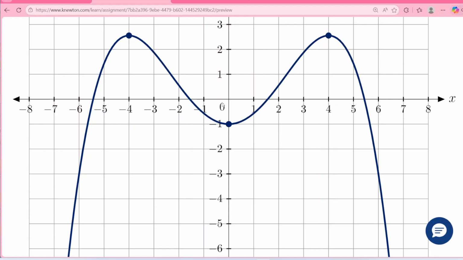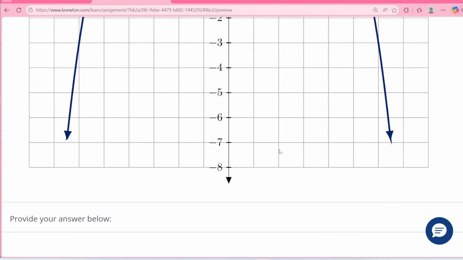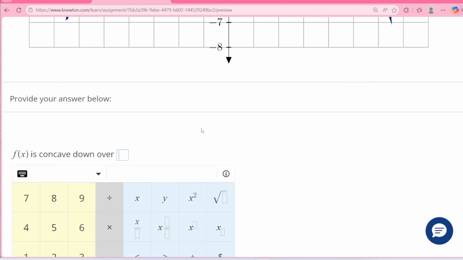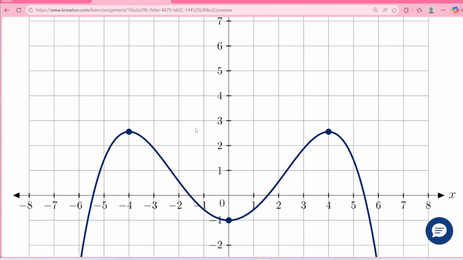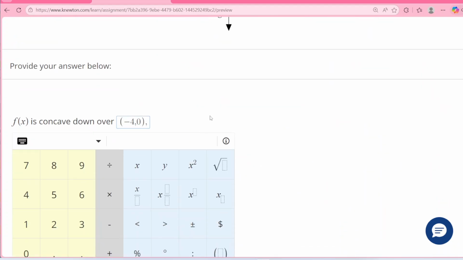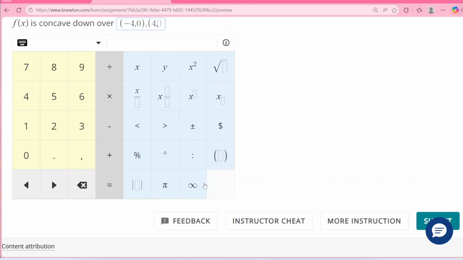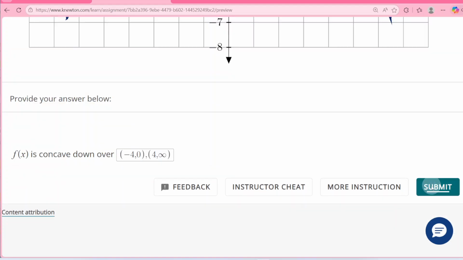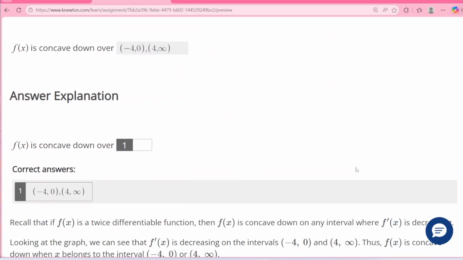So from -4 to 0 is one interval, and then looks like from 4 onward, 4 to infinity, the other one. So f is concave down over the intervals from -4 to 0. And again, I think they said separate with commas. Yeah, commas to separate multiple intervals. And then from 4 to infinity for the other one. All right, great.